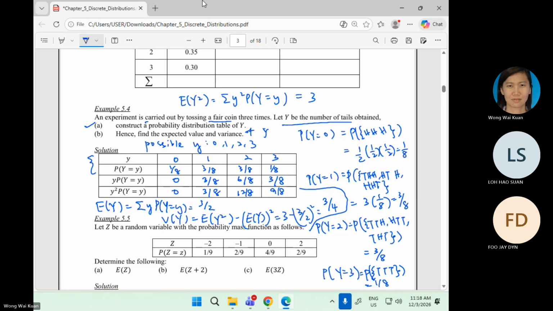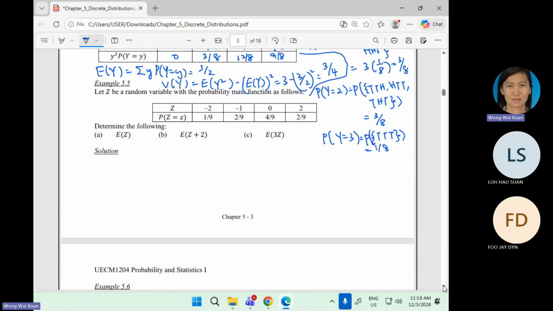Okay. So now, what about example 5.5? Let Z be the random variable with the probability mass function as follows. This is the mass function. Then can we find E(Z)? E(Z) is Z multiplied with the probability, right?